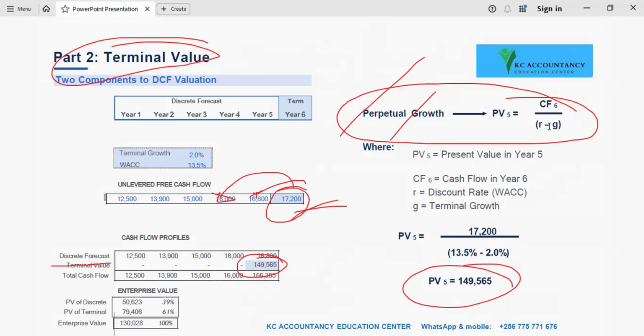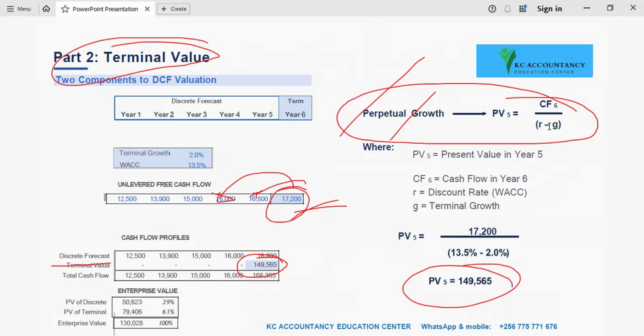That is 1 year of discounting. But what we need to do now is get that year 5 cash flow amount all the way back to our valuation date. And that's what we are going to do in the next step.